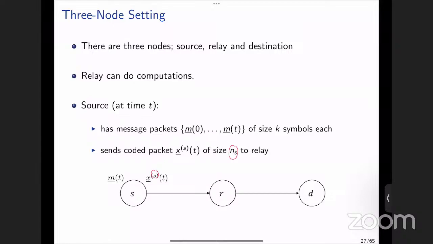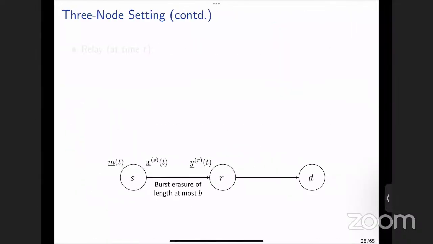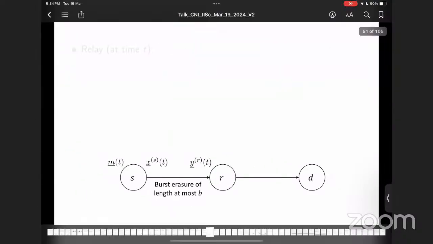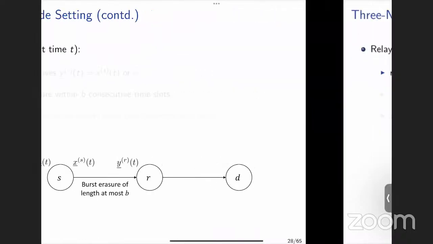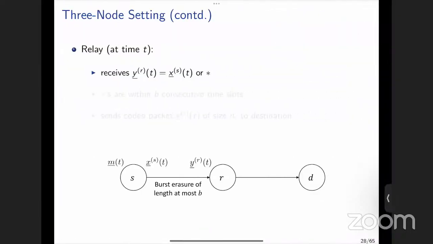The source will be sending the coded packet over to the relay. And what does the relay do? The relay will receive YRT, where R stands for relay. YRT will be either the coded packet sent by the source itself, which is XST, or a star, which indicates an erasure.